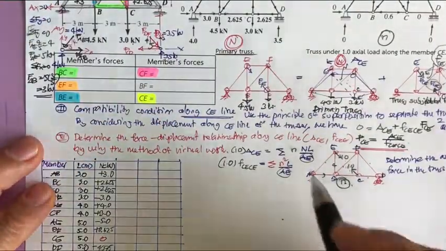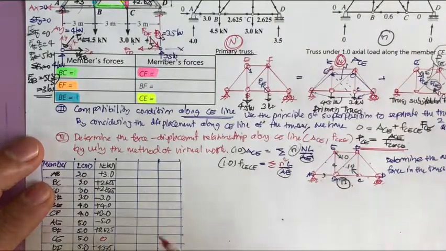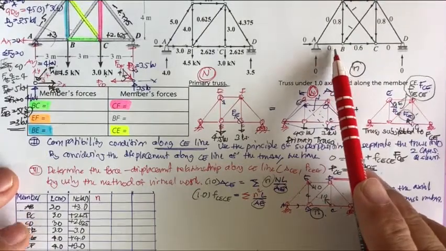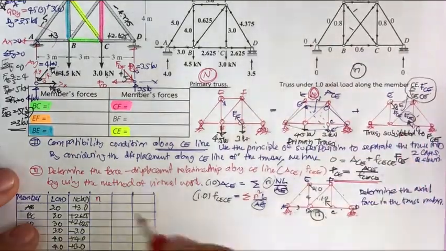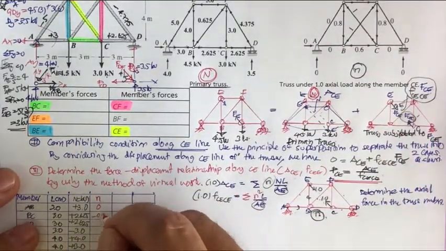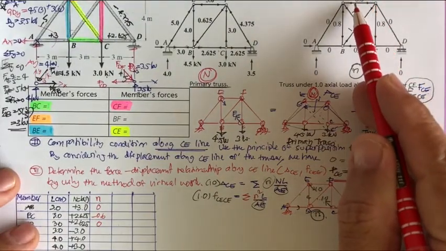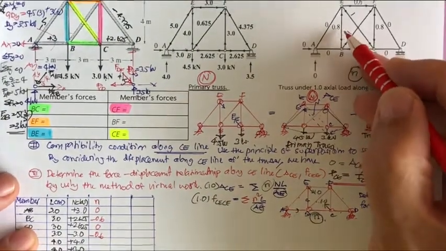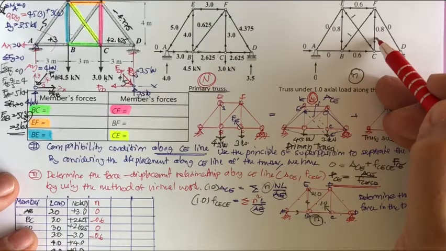And then you have the small n now. We have the n here. So 0. This is minus 0.6, 0. And this is minus 0.6. And this one is in compression, right?